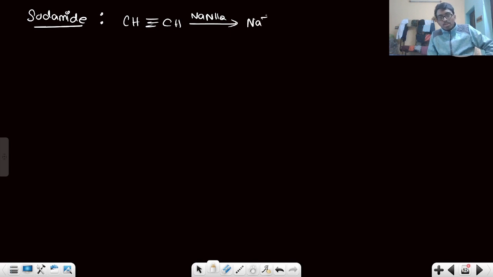So it will be like Na plus C minus triple bond C minus Na plus. This type of thing. NaNH2 is actually a reducing agent. If it is given in alcohol medium, it will perform the same function that alcoholic KOH does. But here, if I give only NaNH2, then Na will replace H, the acidic hydrogen. It is again proof of acidic nature of alkyne.